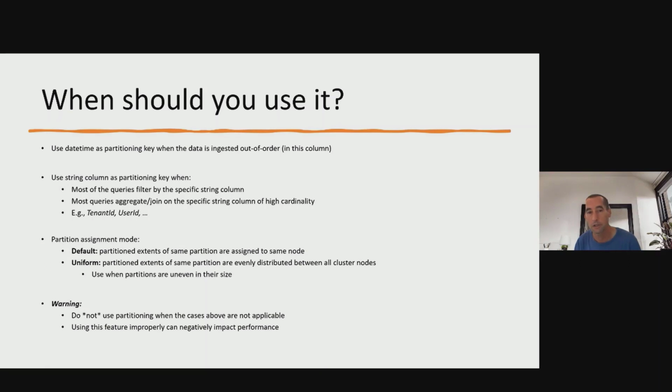When do you use it? First of all, I should say it costs. This is the warning at the end. It costs CPU for the cluster, because the cluster is constantly partitioning the new data in the background as it arrives, and this is a demanding workload essentially.